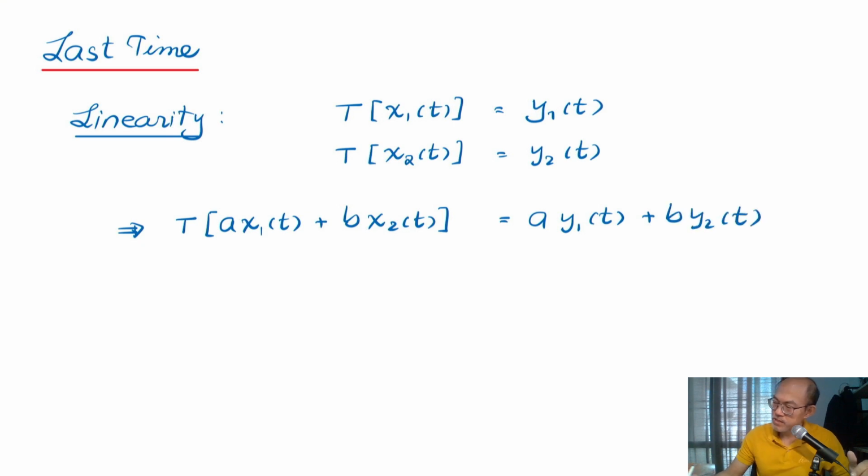So basically, you can take the operator T, which is the system, inside of the parentheses to get this. So this is called the linear property of a system.